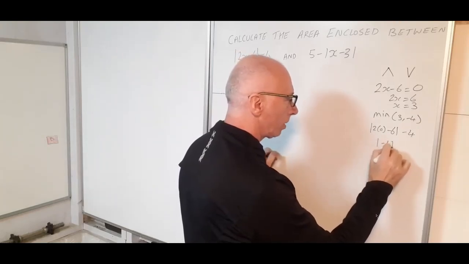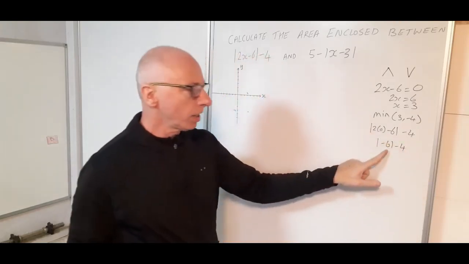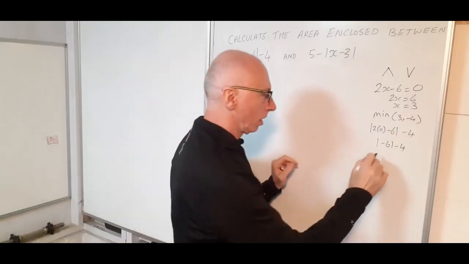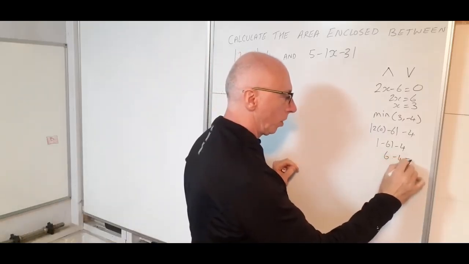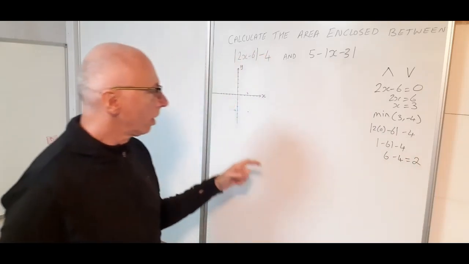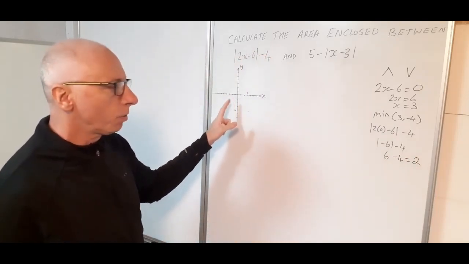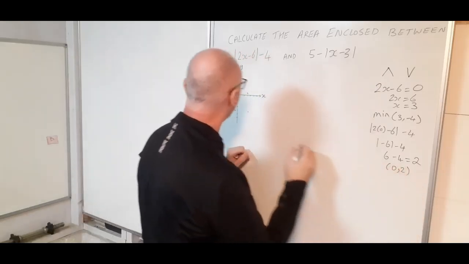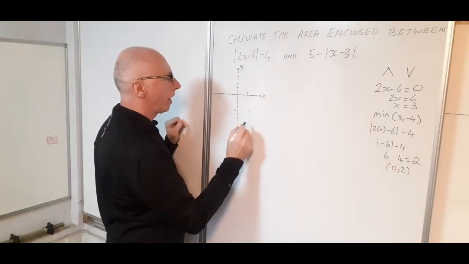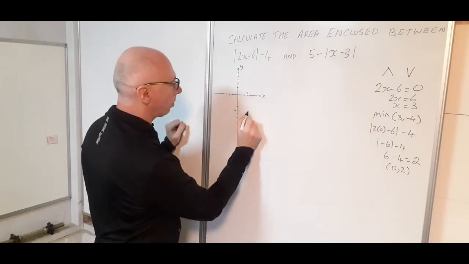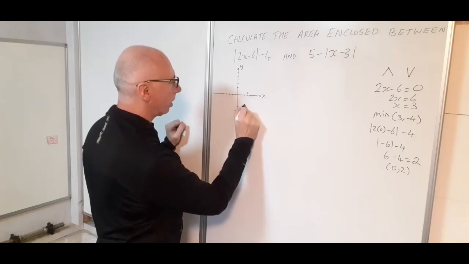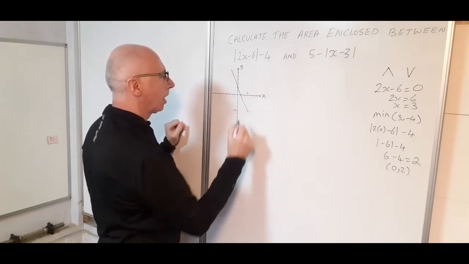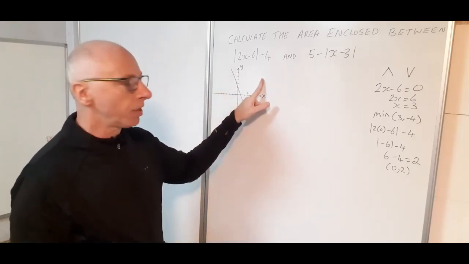So we've got minus 6 minus 4. Inside the modulus this becomes 6 and then minus 4, and that equals 2. So when x is 0, y is 2. So we've got (0, 2). So it's going to go there. So our graph is going to go up in this direction, intersecting that point there, and then it will go the same over this way.